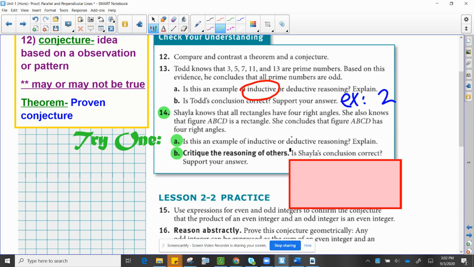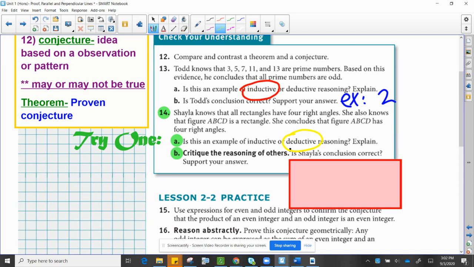Okay. Hopefully you said that Shayla is using deductive reasoning in this case. Okay. Her conclusion is based on a fact. She knows that rectangles have 4 right angles. She knows that this figure is a rectangle. So by deductive reasoning, she has proven that ABCD is a figure with 4 right angles without a doubt of anything.